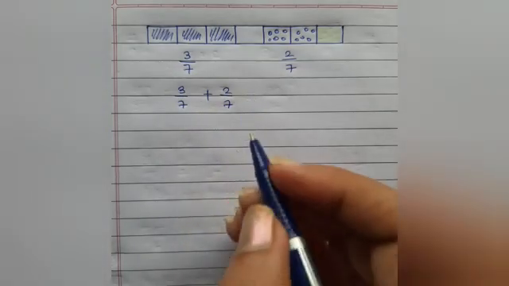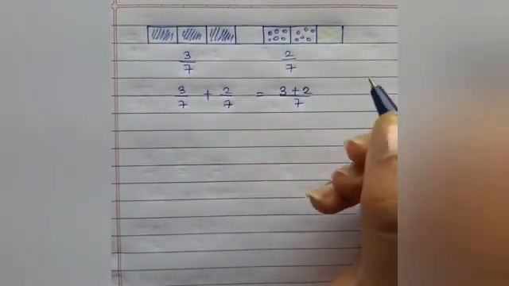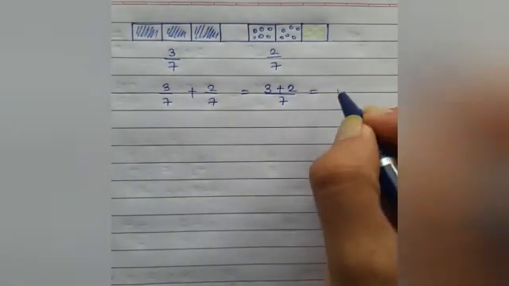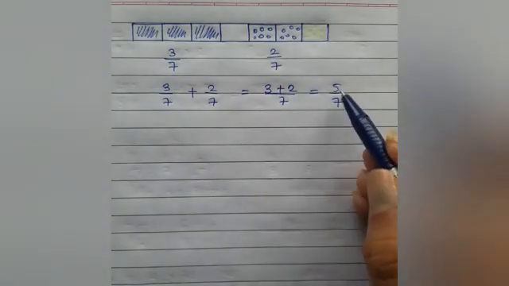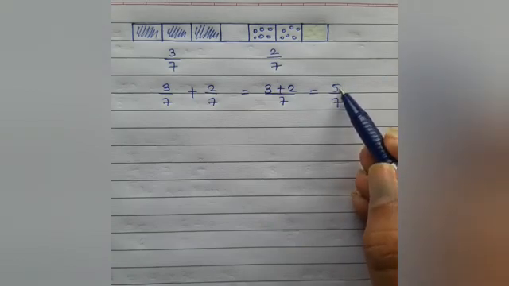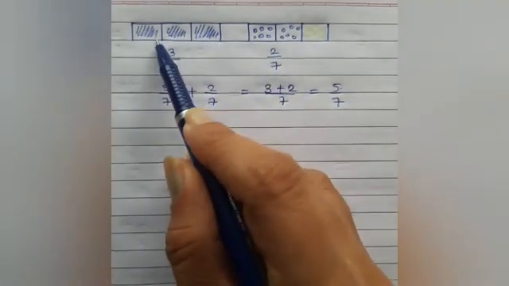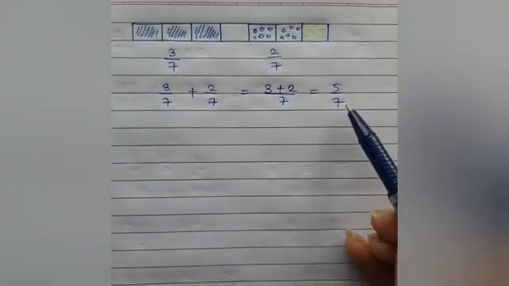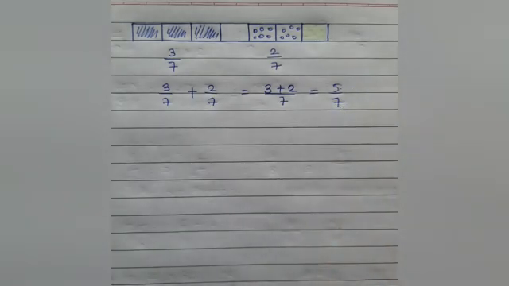So, the fraction will be 3 plus 2 upon 7. Here, the obtained value will be 5 upon 7. After getting the value 5 upon 7, we observe the numerator 5, and observing the strip, there are a total of 5 parts colored. So, our obtained fraction is correct.